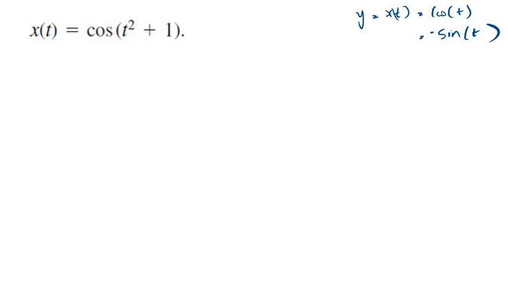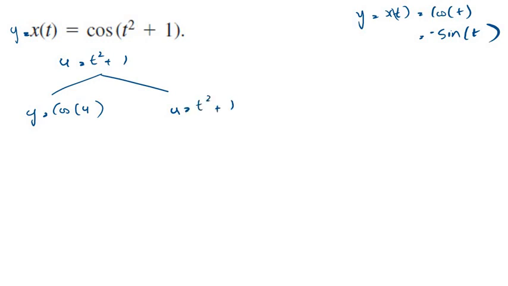So let's substitute. We'll take this as u. So let u be equal to t squared plus 1. Now we'll separate out the functions, and we'll call this y for simplicity. So y is equal to cos u, and u is equal to t squared plus 1.